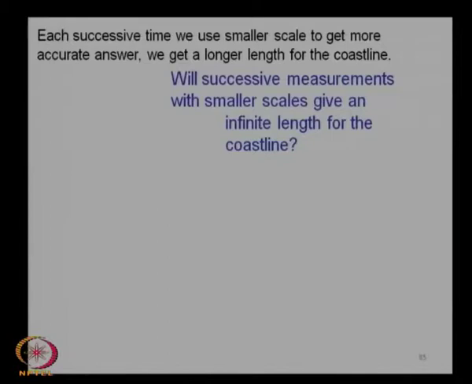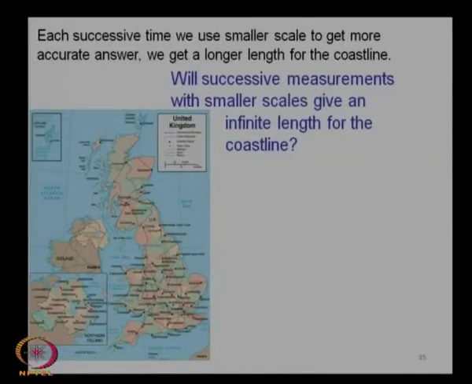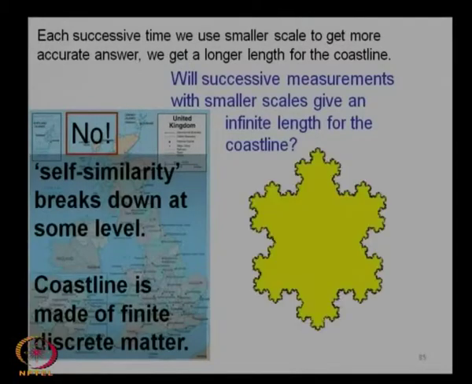Now, think of India. Are you willing to suspect that its perimeter is infinite? It does not seem to be so, right. What about Great Britain? The answer cannot be any different, right. So, for Great Britain or India, the answer of course is no. For a Koch curve, it is yes.